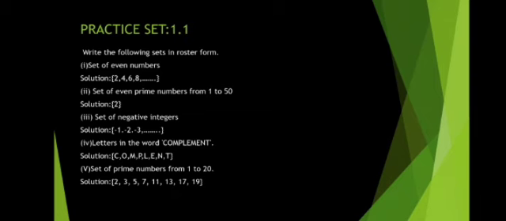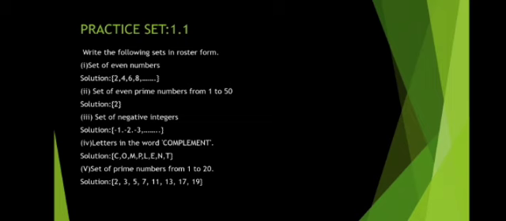So the answer is 2, 4, 6, 8. As we can't count the even numbers, it will go on and on. So we write 2, 4, 6, 8, dot dot dot. It means it will go on and on, unlimited.